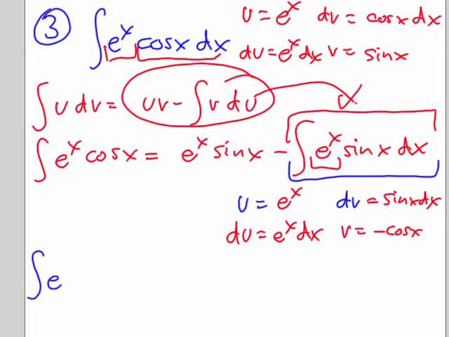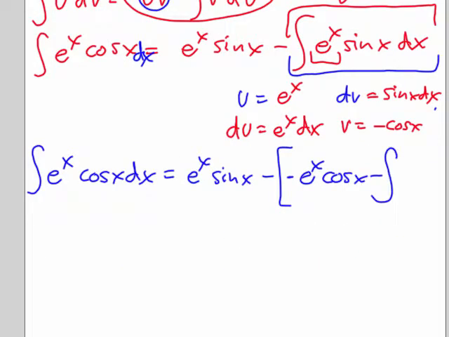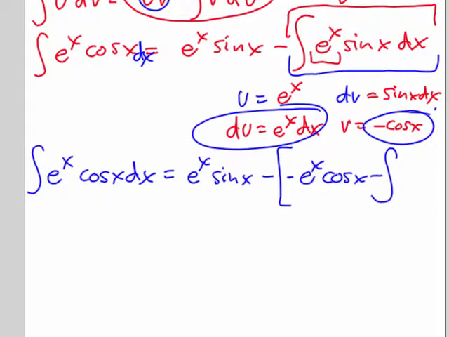So putting everything together that I have, I forgot a dx up here by the way, equals e to the x sine x minus, okay, my new u times v, which is negative e to the x cosine x, minus the integral of this times this. And so that's going to be negative e to the x cosine x dx.